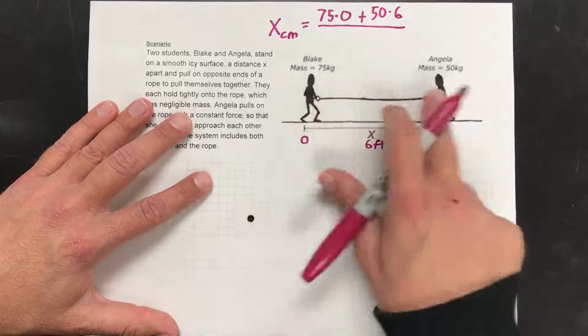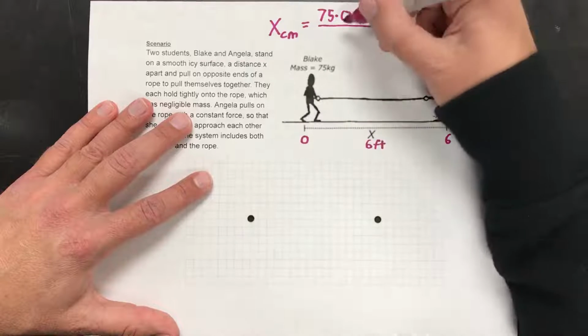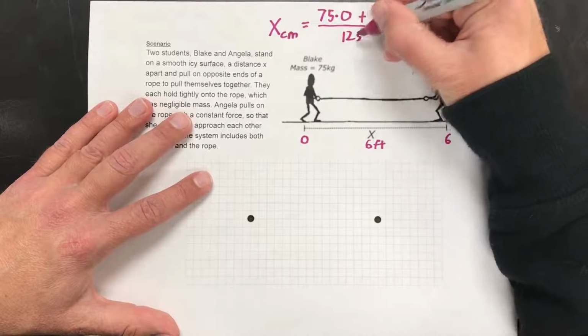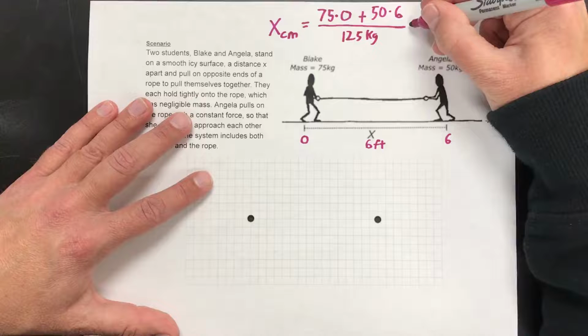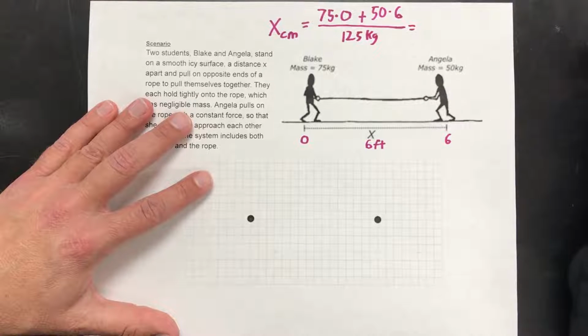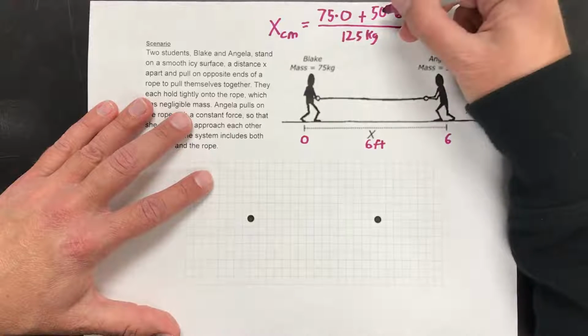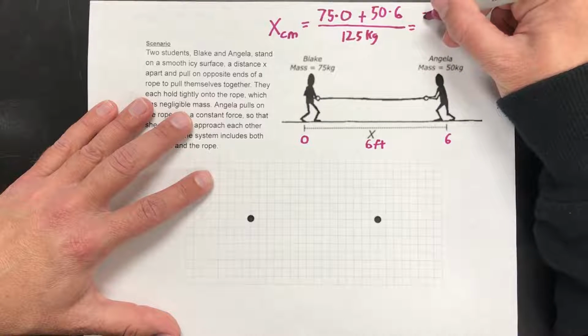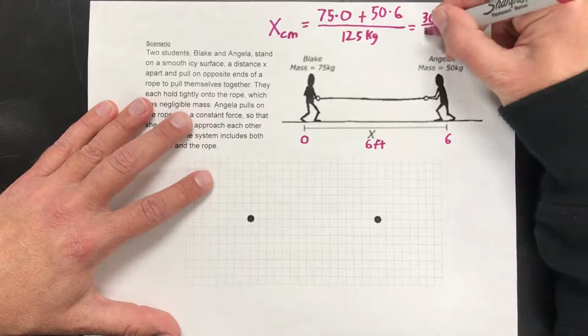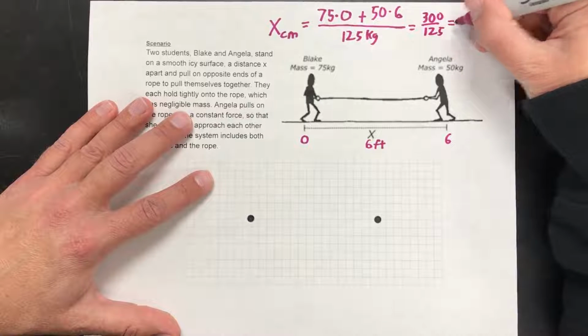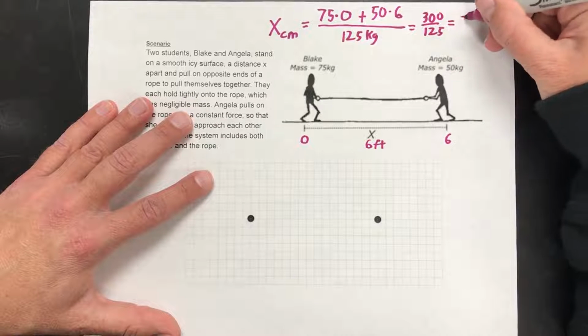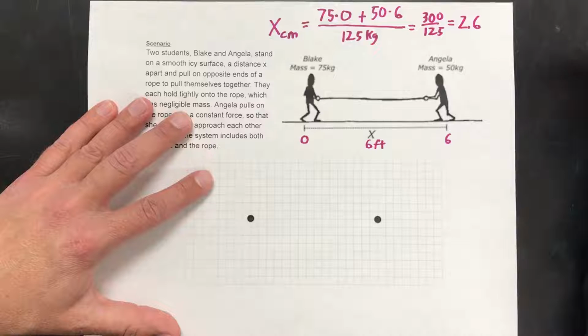The total mass of the system is 75 plus 50, so 125 kilograms. Now we can figure out the average position of that mass. 75 times 0 is 0, 50 times 6 is 300, so 300 over 125, and that gives you 2.4.